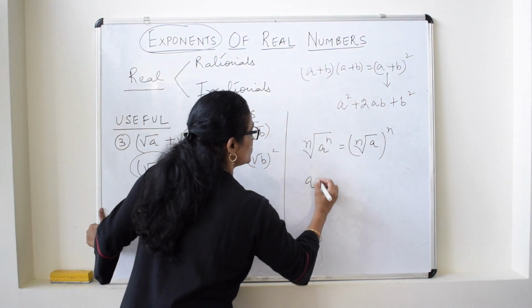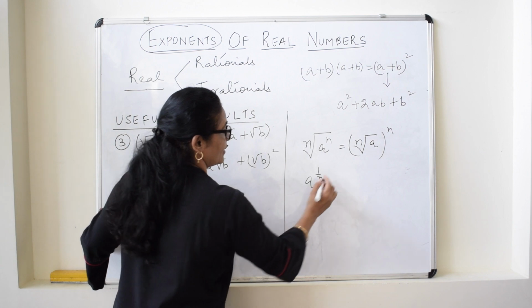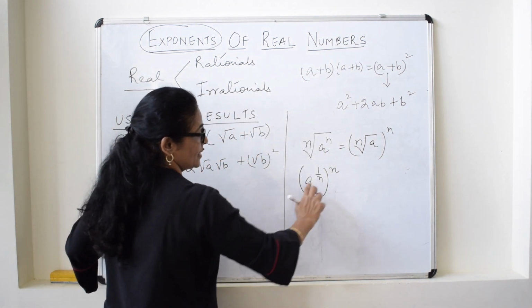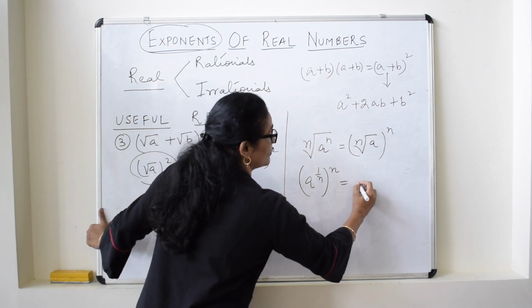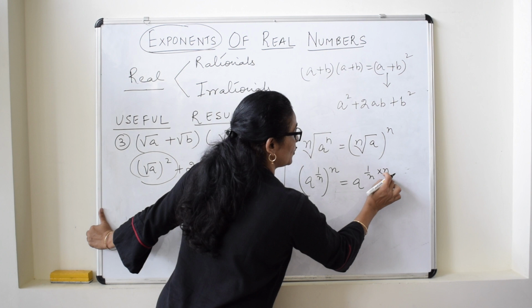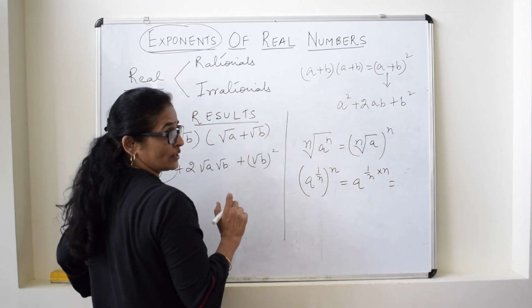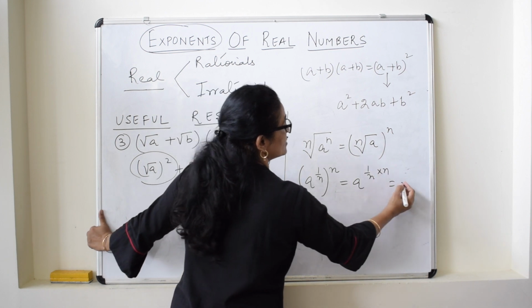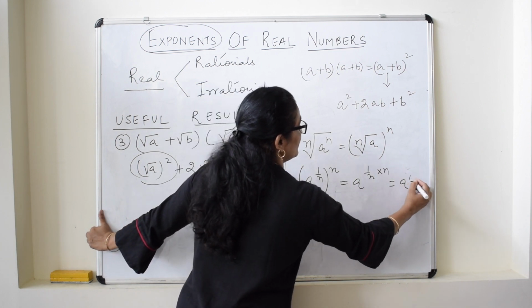Nth root means to the power 1 upon n, and the whole is raised to the power of n. Power to the power will always be multiplied, and 1 upon n and n are reciprocal to each other, so they will be multiplied and give us 1. Or directly you can say n and n are cancelled. So ultimately it is a.